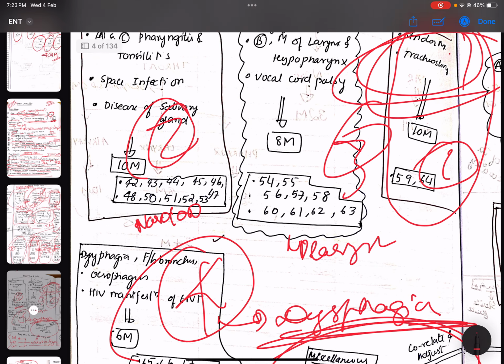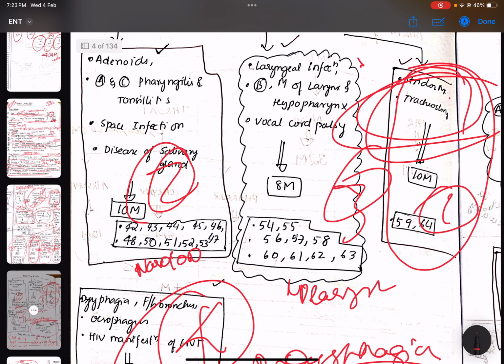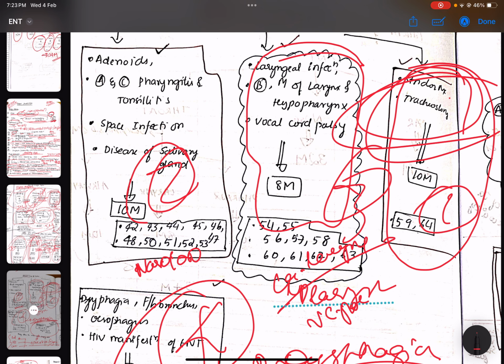What people start doing is studying CA larynx and vocal cord palsy. These are MCQ questions. You are not writing a PG exam for your ENT. The major aim is they are testing whether you have applied anatomy of ENT properly. So make sure you know the applied anatomy, a few indications, contraindications, the instruments, and a few important diseases.